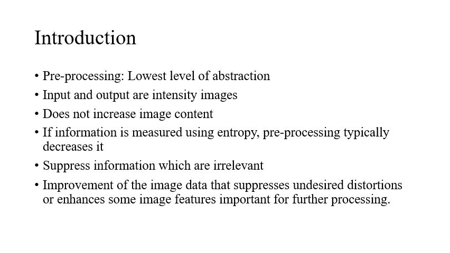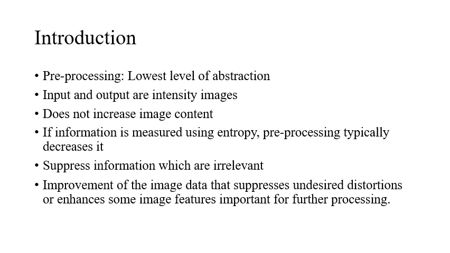To understand further, pre-processing does not increase any image information content. For example, if you speak in terms of the entropy present in the image, what does pre-processing do? It will preferably reduce or decrease the entropy present in the image.